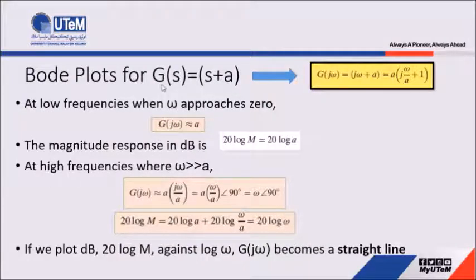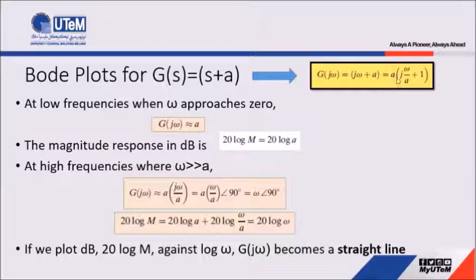So for example, we have a system with G(s) equal to s plus a. In order to plot this, first we have to change this s with jω. After we change, s becomes jω plus a. Then we have to rearrange this equation until the value a becomes equal to 1.